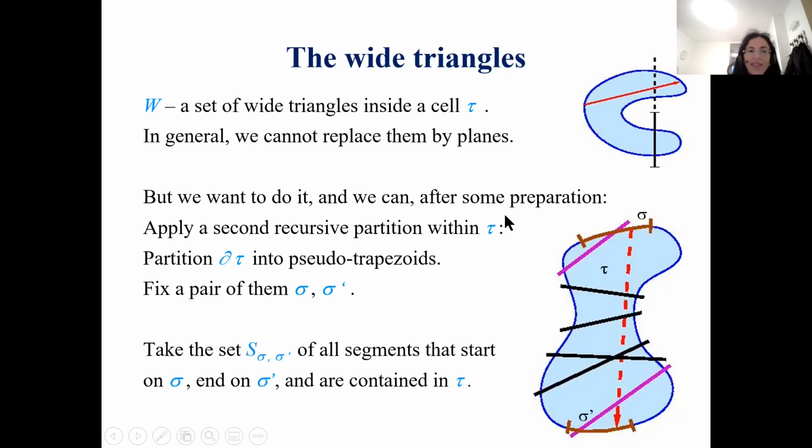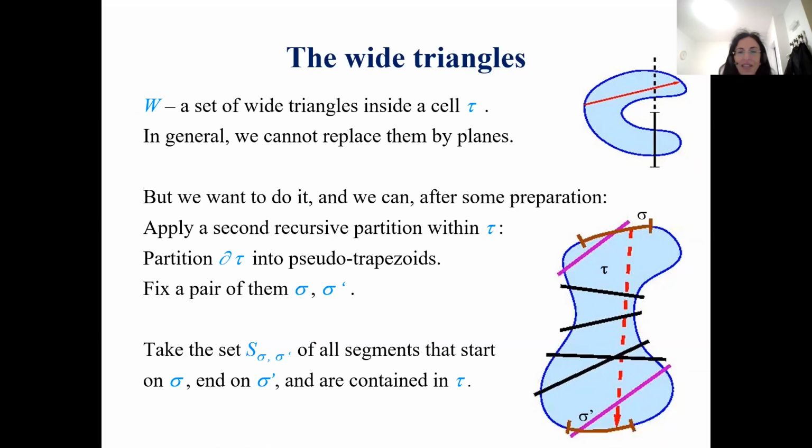We are going to apply a second recursive partitioning within tau, meaning that we actually partition the boundary of tau into pseudo-trapezoids. How exactly we do this partition is not very important right now, but we get such a partitioning. And this is actually a two-dimensional cross-section of tau and this partitioning.